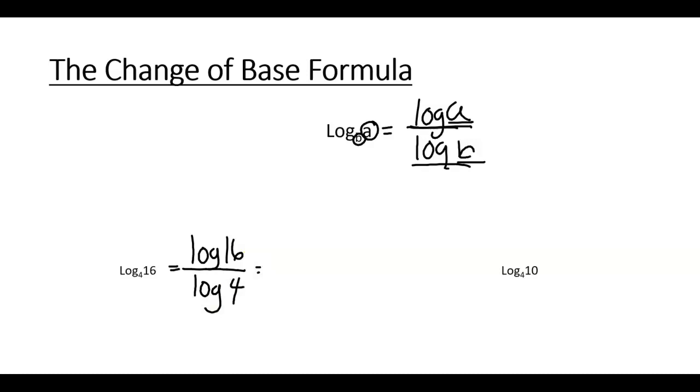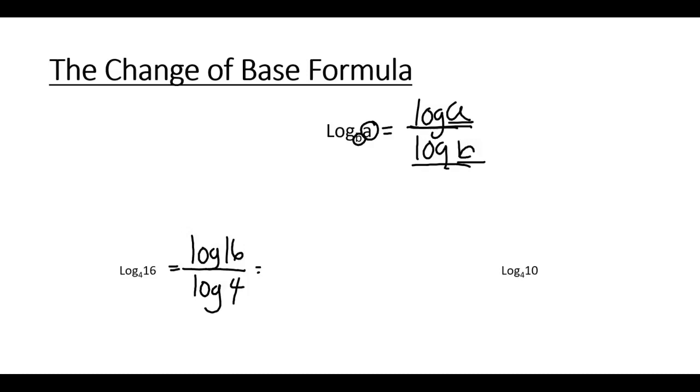So how do you do this on your calculator? Well, different calculators work differently, so we'll have to see how that works for you guys in class. Some calculators you have to do top and bottom separately, so you'd have to find log of 16 first, and to do that you would just push 16 and then log on your calculator.